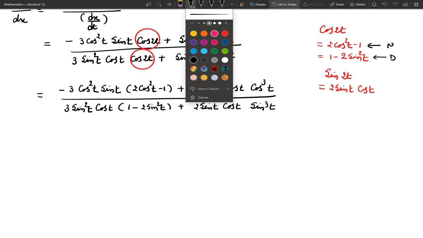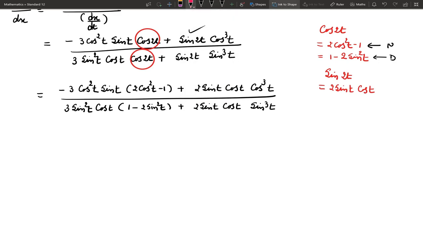So here we have used this formula of cos 2t, and here the formula of sin 2t. Now we simplify.